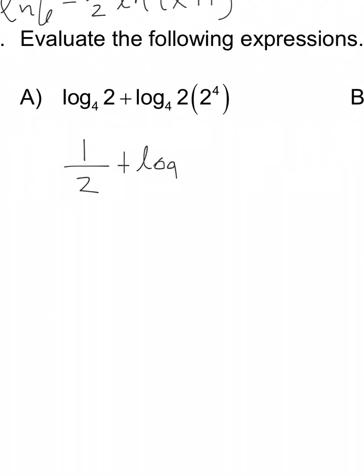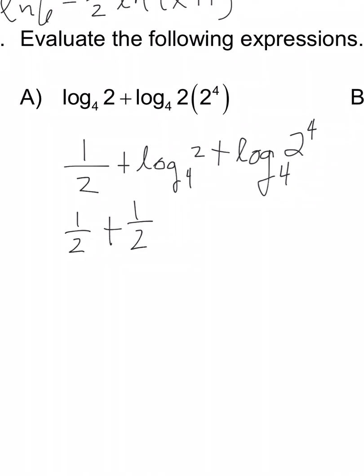So if I split that up, I have log base 4 of 2 plus log base 4 of 2 to the fourth. Now I'm starting like this because I know what log base 4 of 2 equals, which is right here. It's going to be a half again.